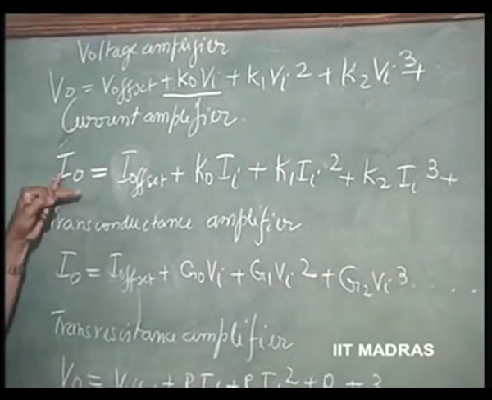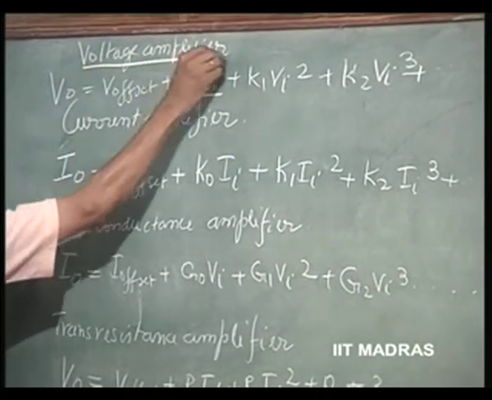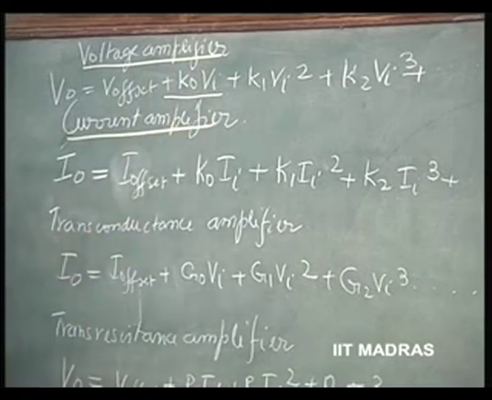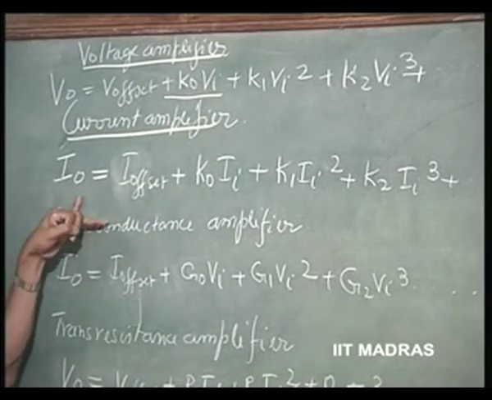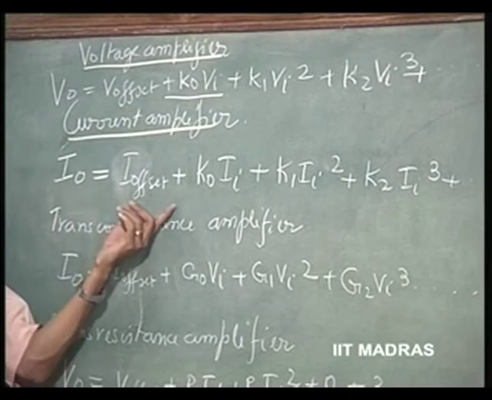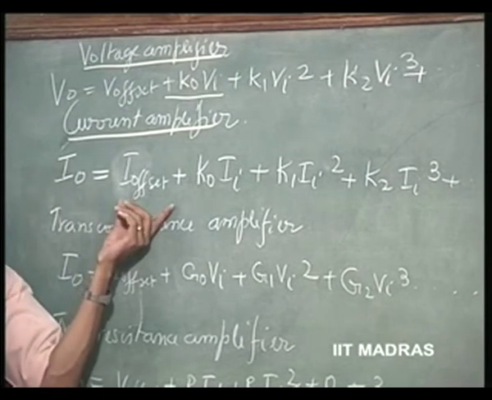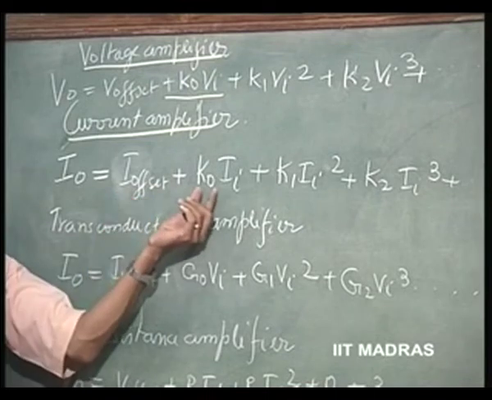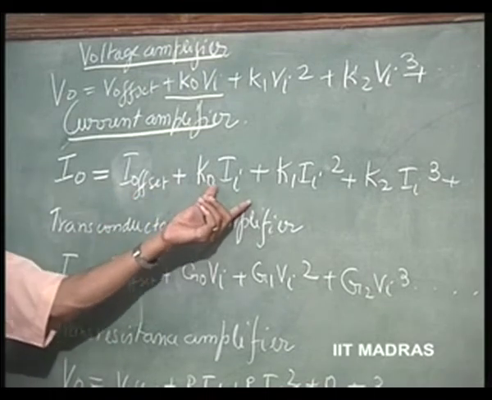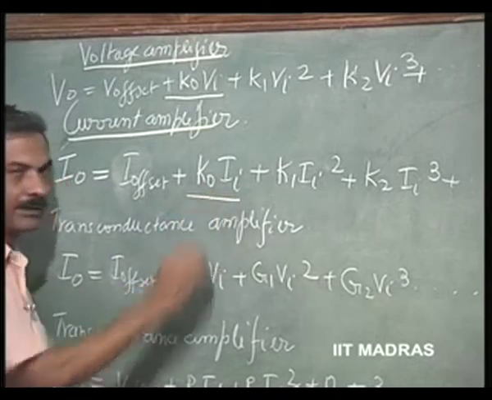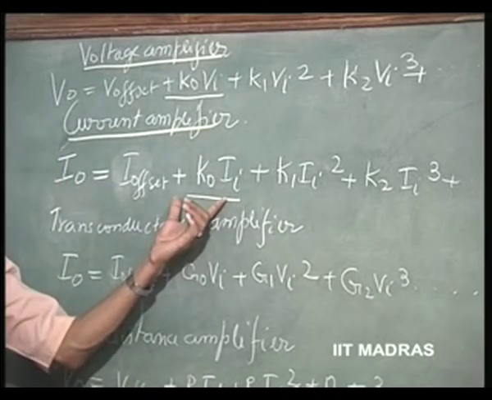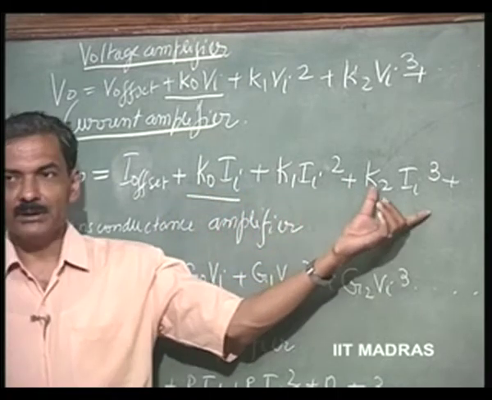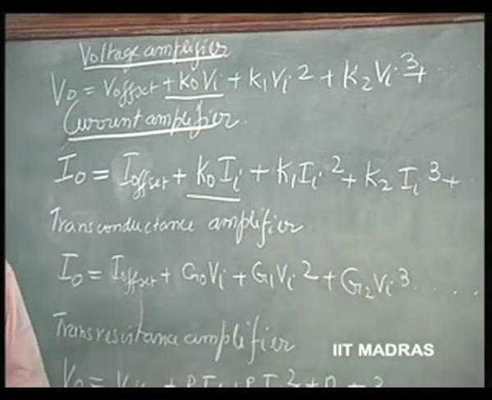Next, how to design a current amplifier. I naught is going to be I offset. This is what is important, right. In the case of a current amplifier, there can exist an output current which is independent of the input current. I offset plus K naught Ii, this is what is important, the linear term. These are the nonlinear terms which should be made as close to 0 as possible.